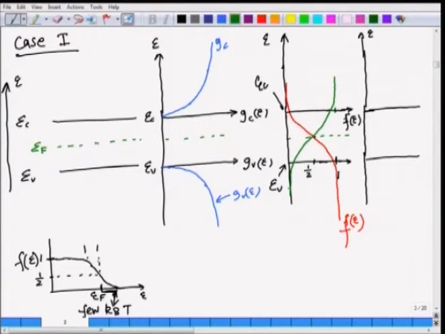What I plotted here with the green line is 1 minus f of E.